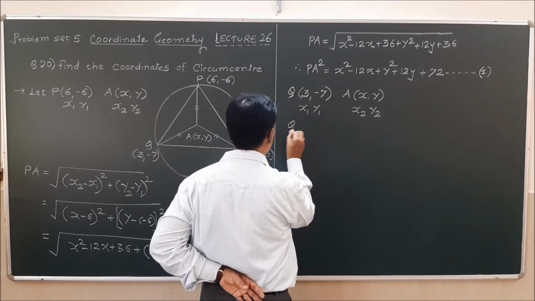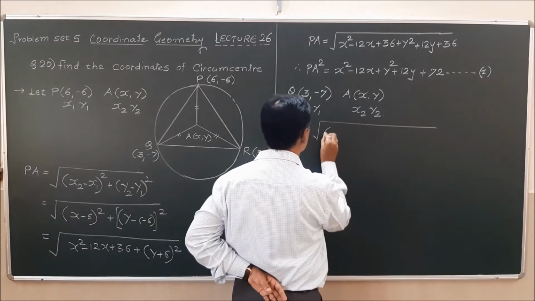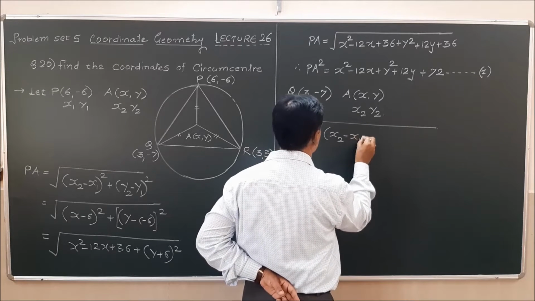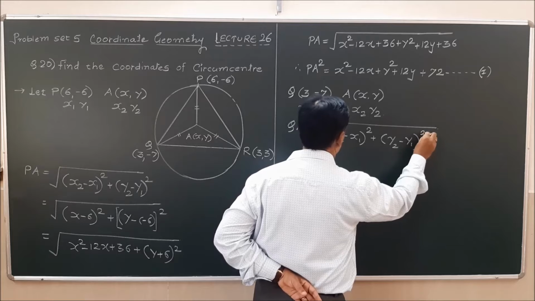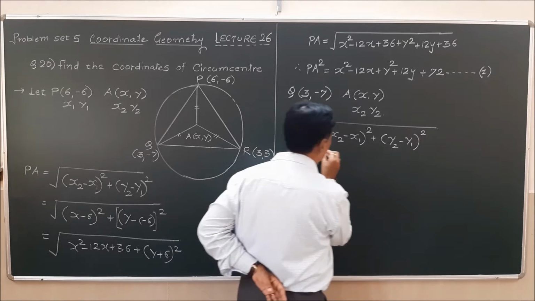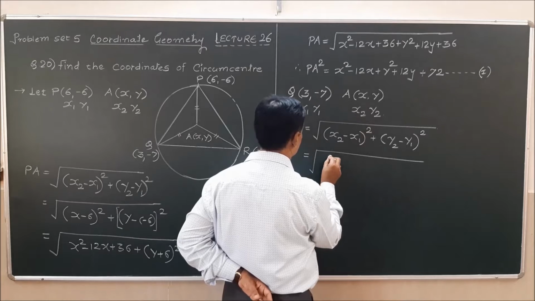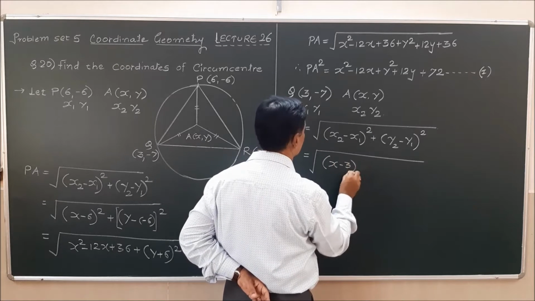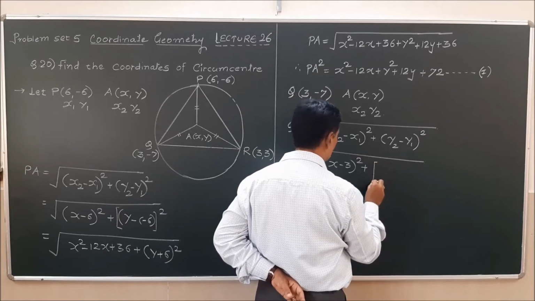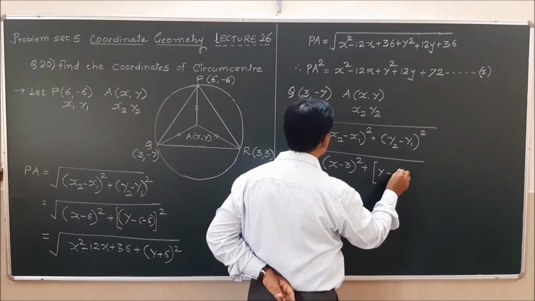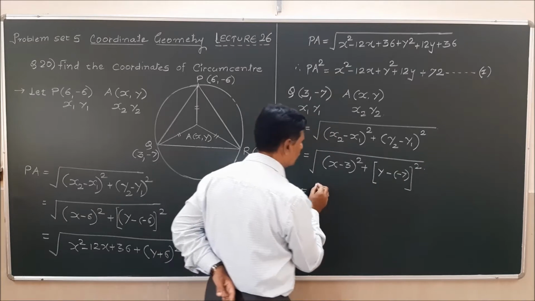So you will find that QA is equal to root of (x2 minus x1) the whole square plus (y2 minus y1) the whole square, the distance formula as you all know. x2 is x, so (x minus 3) the whole square, plus y2 minus y1, very important over here, y minus of minus 7, whole square.